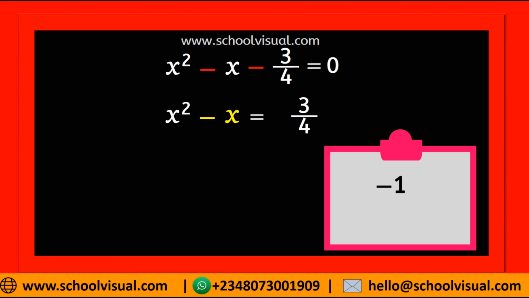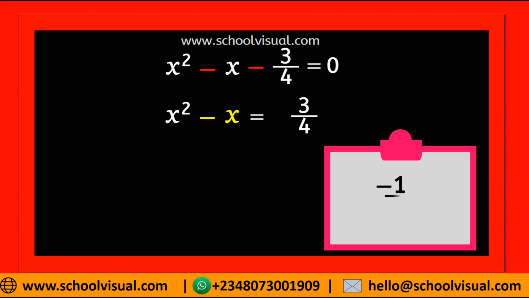Whenever you see an alphabet without any number, in algebra, there is always an invisible 1 beside it. So the coefficient of x is -1. There is a minus sign in front of it, so you carry it with a minus sign. So our coefficient is -1.